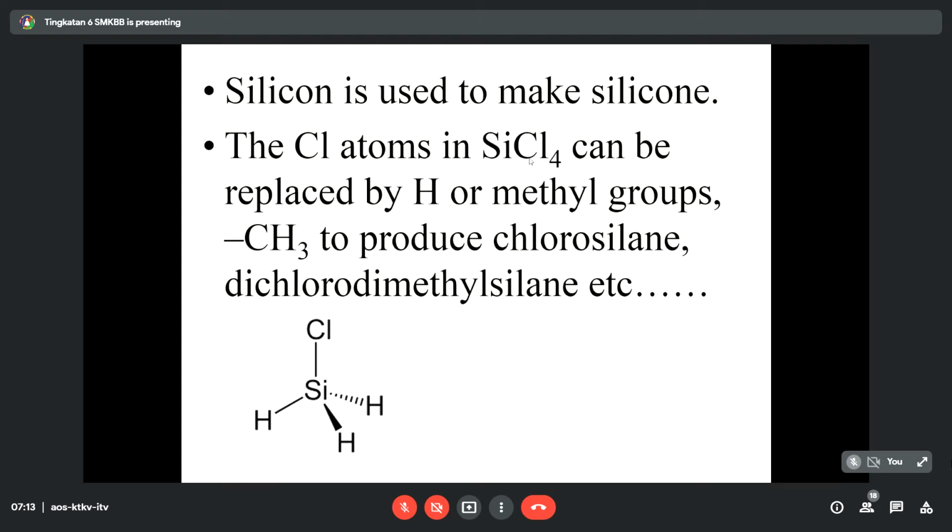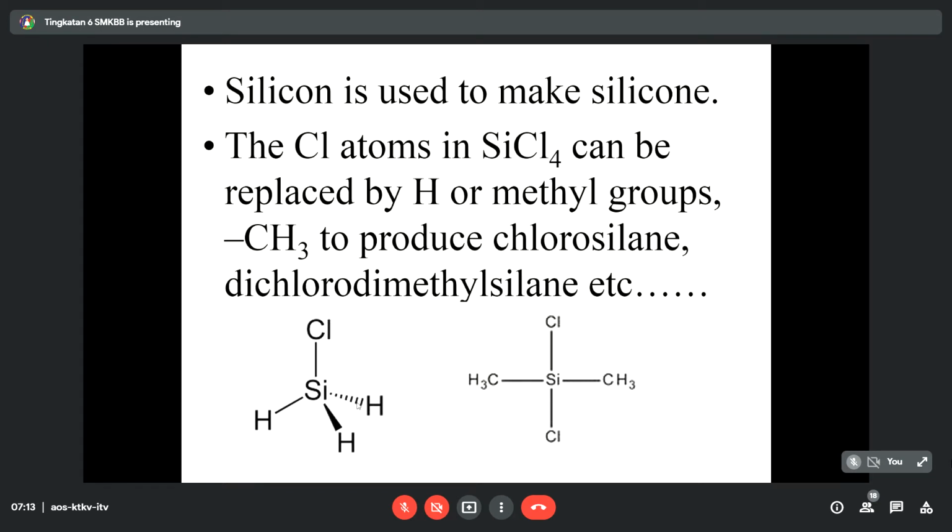This one normally we say is a chlorosilane because by right, silicon tetrachloride is 4Cl. So now let's say 3 of them are already replaced by hydrogen. So chlorosilane, or 2Cl dichloro and 2 methyl, 2CH3. The correct shape should be tetrahedral, but for a 2D drawing, nothing wrong, you draw them like this.